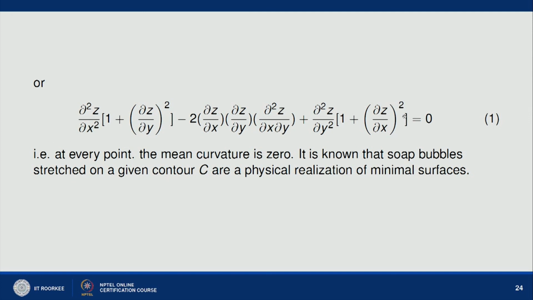In mathematical physics, the solution of this differential equation represents a surface whose mean curvature is 0. It means that this is the surface at every point of which the mean curvature is 0, and we know that soap bubbles stretched on a given contour C are surfaces having mean curvature 0, and these kinds of surfaces are known as minimal surfaces.